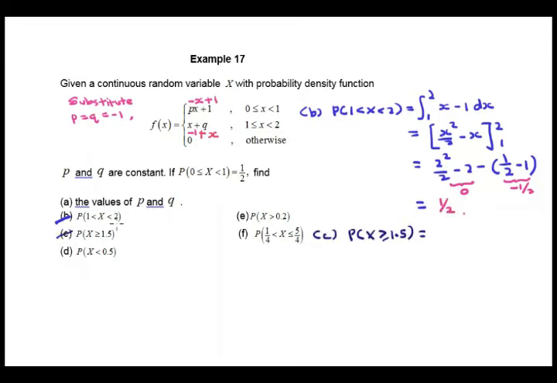(c) Find the probability x greater or equal to 1.5, which is equal to the definite integral from 1.5 to 2. The corresponding function is negative 1 plus x, or x minus 1. Integrate x is x squared over 2 minus x.